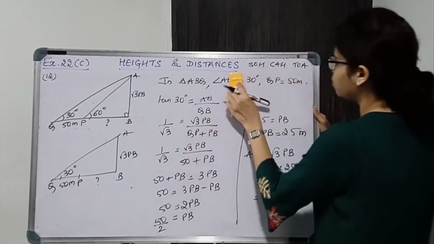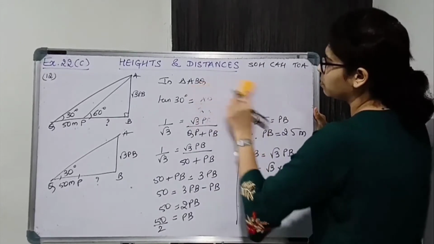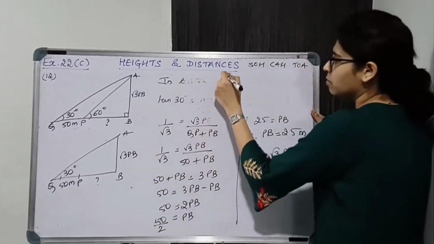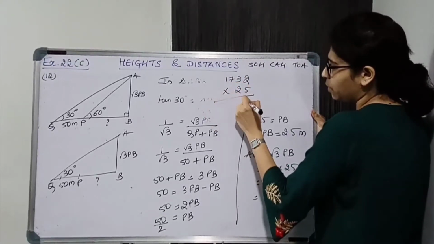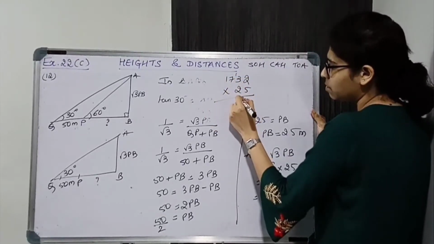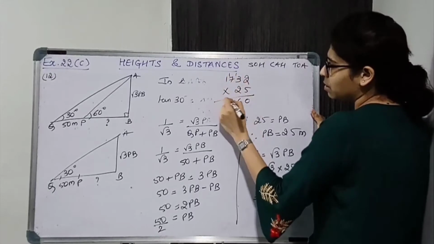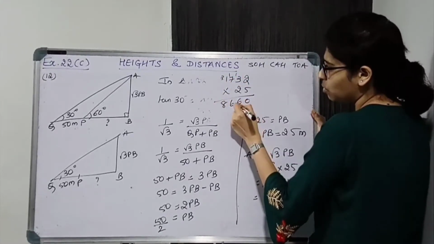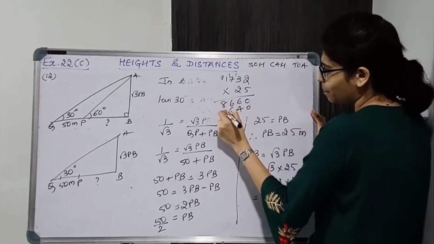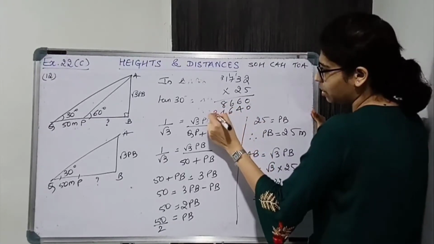So 1732 into 25. 5 2s are 10, 15 plus 1 16, 36. So this will be 8, 0, 4, 6, 14 and 3.